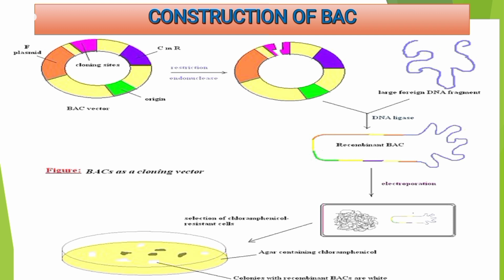So those cells will not survive on the plate. But the cells that are not transformed, that are not recombinant, that do not contain recombinant BAC vector are going to survive on it because they have the chloramphenicol resistance site.